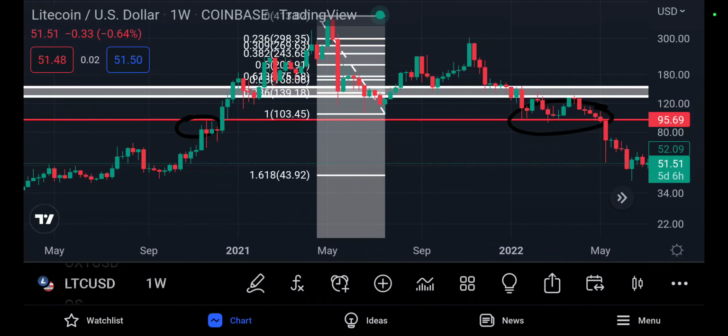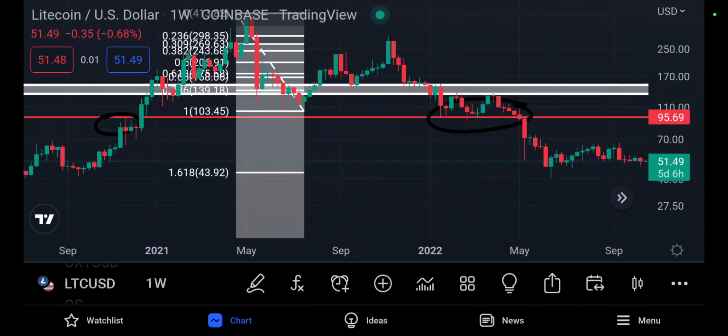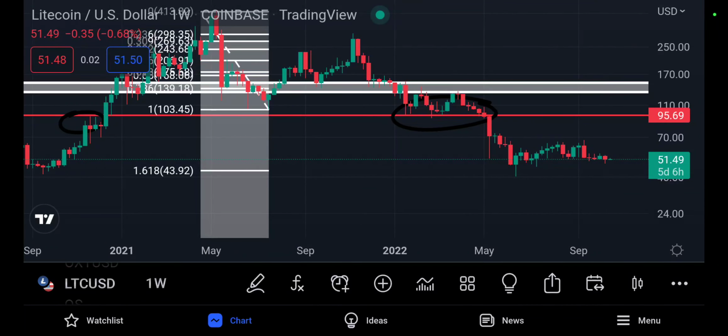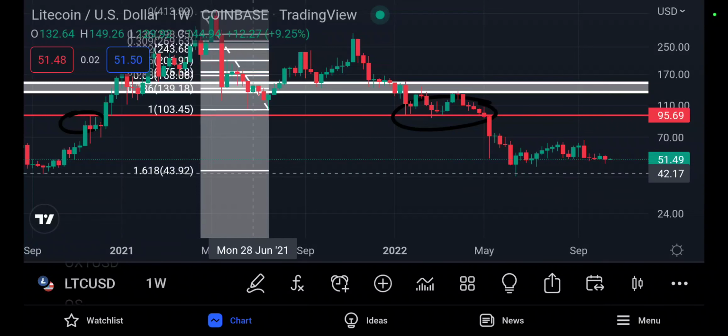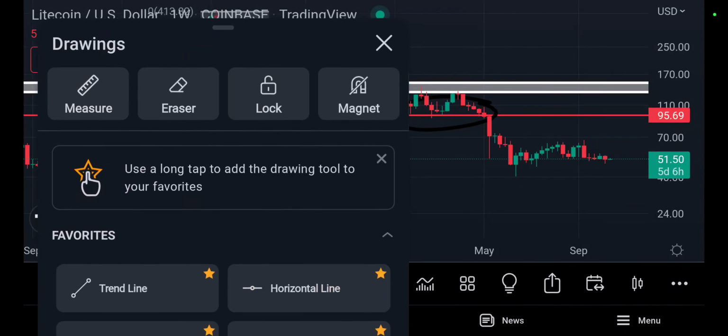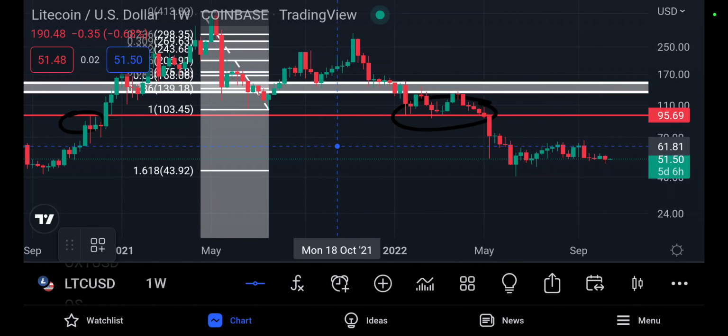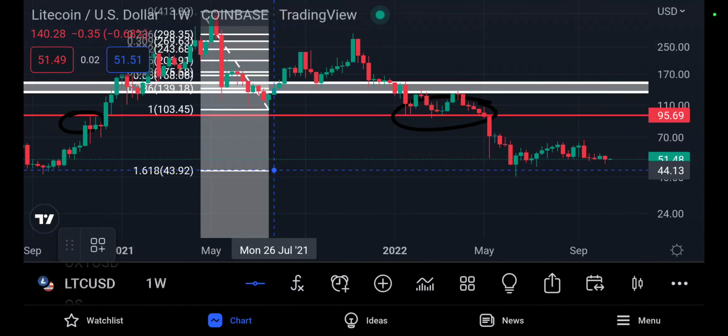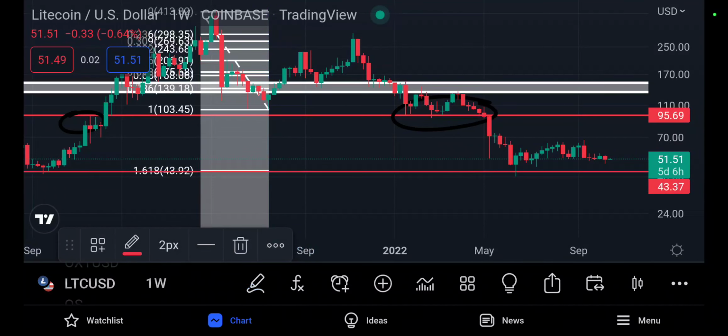What this is showing, and I'm gonna delete the previous Fibonacci we drew so it'll show up on the charts easier. Sorry. So the 1.618 is down here, right? $43. That was showing that was technically the bottom. So let's mark this area with the horizontal line. Bam.